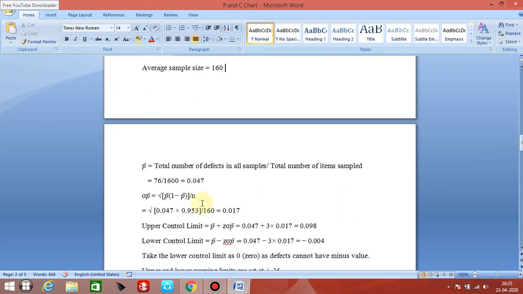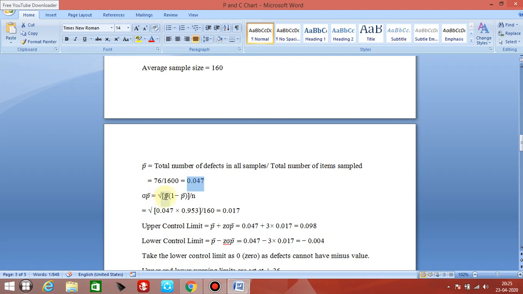Now what is P bar? P bar is the total number of defects in all samples divided by total number of items sampled. So 76 divided by 1600, which is 0.047. And what is sigma P bar?